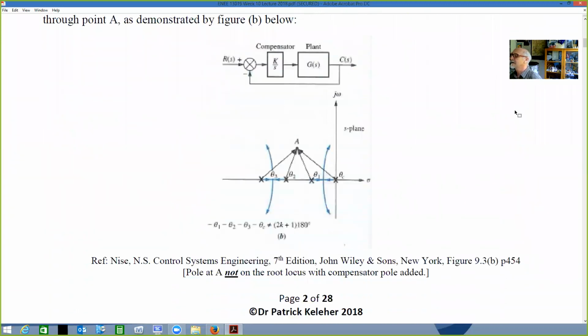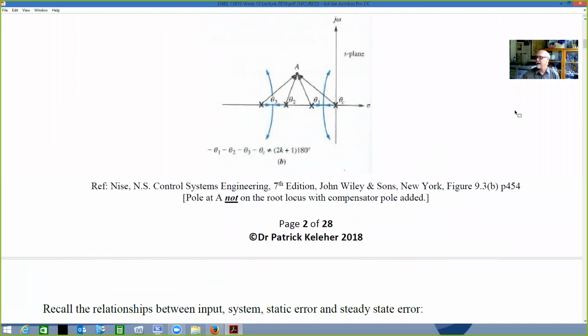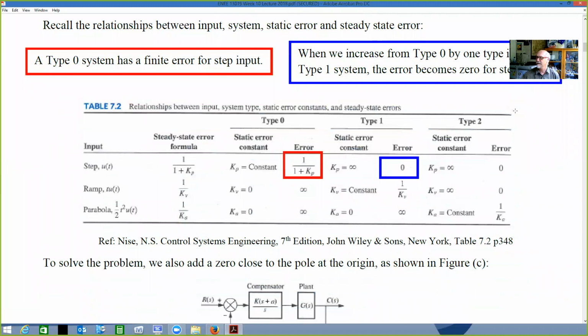Okay, so now we will talk about positioning the compensator, as you can see there, and we'll draw out a further discussion with regards to the effect of that. Now, from our discussion previously of steady state errors, if we consider the relationship between the input signal, the system itself, the static error, and the steady state error, then a type 0 system has a finite error for a step input.